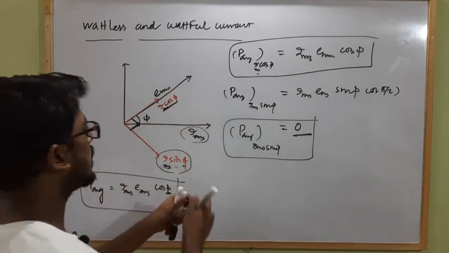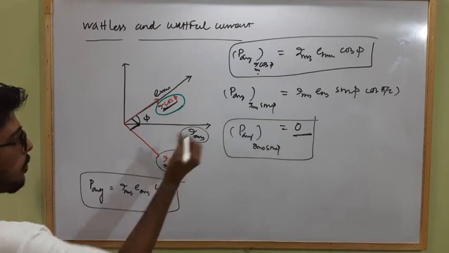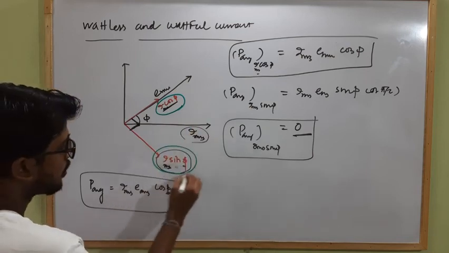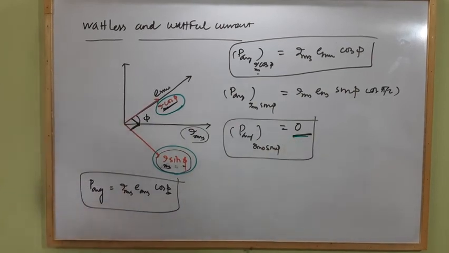That's why the current I RMS cos phi is known as watt full current, and the component of I RMS which is perpendicular to this has 0 power. So this is known as wattless current. Clear?